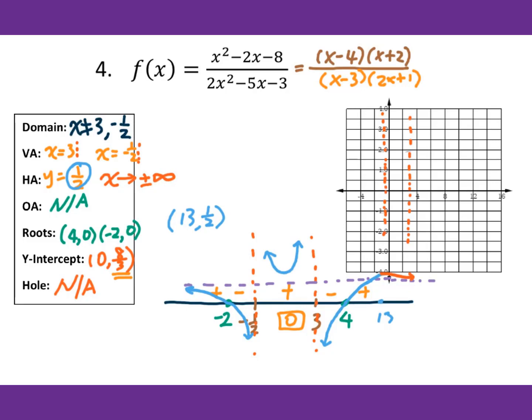Roots, that's (4, 0) here, and (negative 2, 0). For the y-intercept, that's 8/3, which means 2.6 something. Therefore, we have it here. y equals 1/2 will be this one.